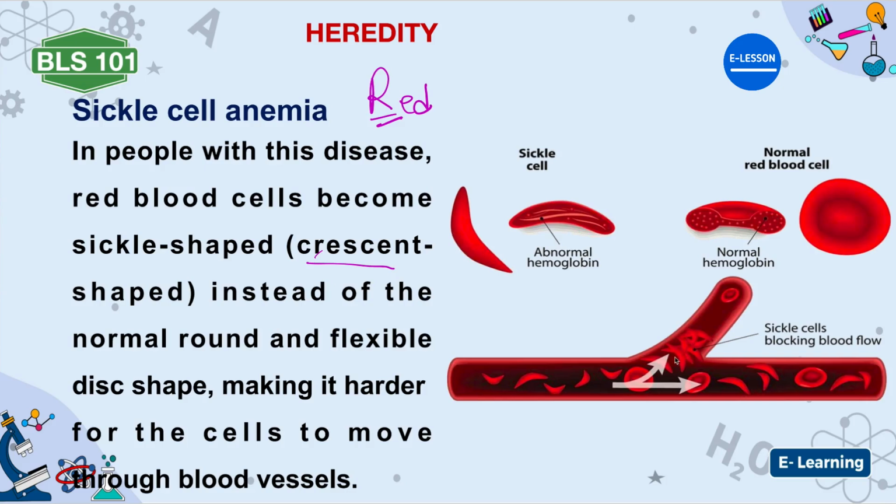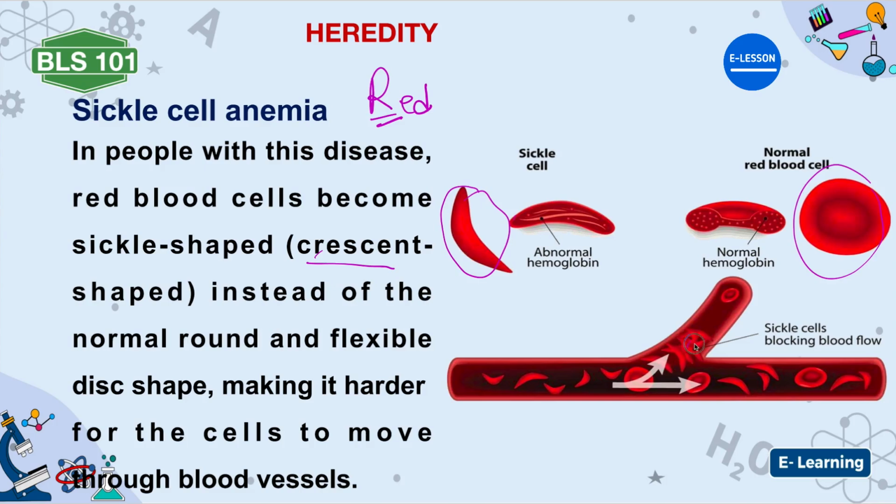Are you getting it? If you look at it, this is a normal red blood cell here. This is a normal hemoglobin here. Now, this is an abnormal hemoglobin here. This is an abnormal blood cell. You see how it looks like a sickle shape. Is that okay? At the end of the day, what do you think will happen?